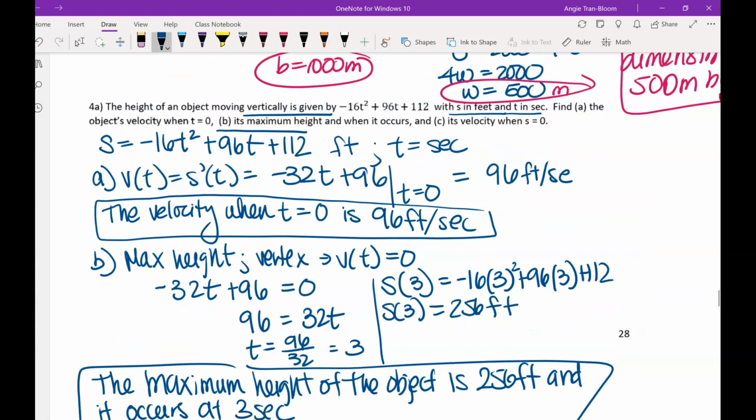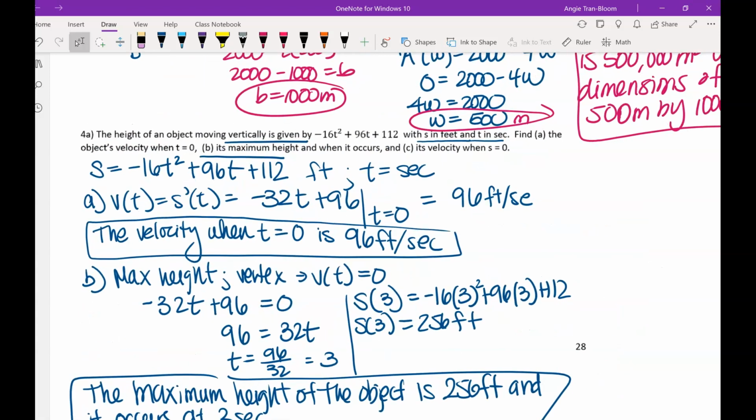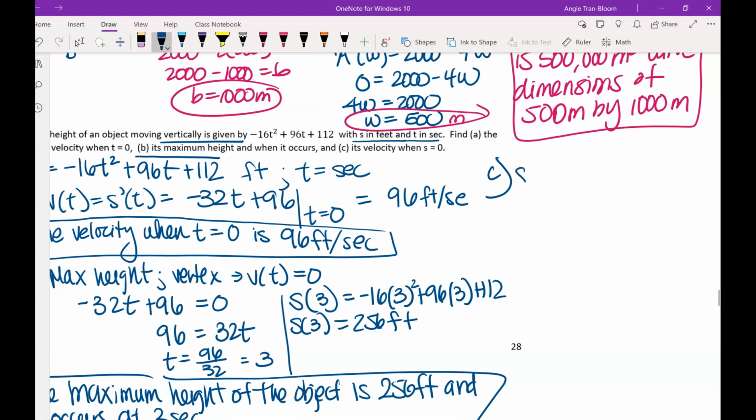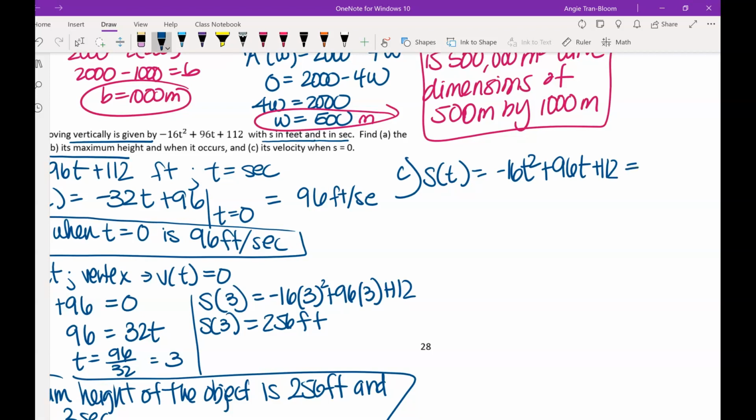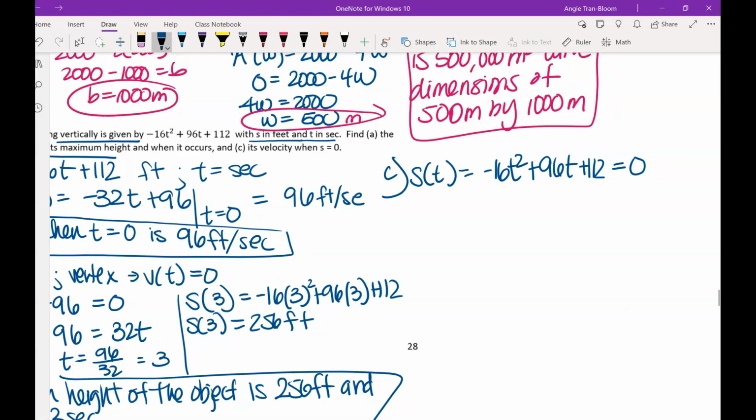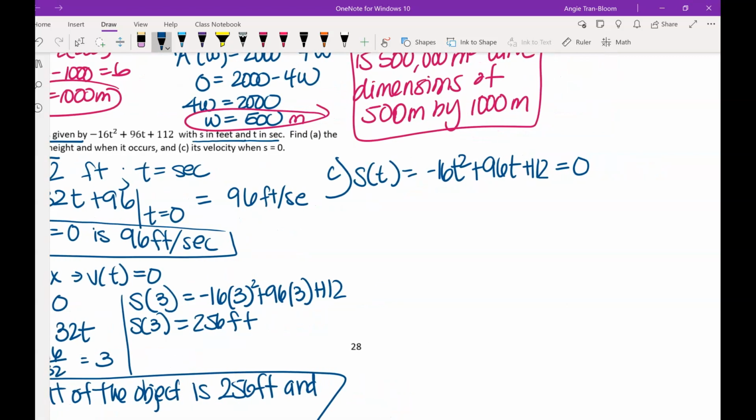All right, then we have to go and answer part C. Find its velocity when position is 0. So the position equation is negative 16t squared plus 96t plus 112. Now, students, position equaling 0 means that's when it starts or when it landed, right? So we are going to see if we can factor this out.